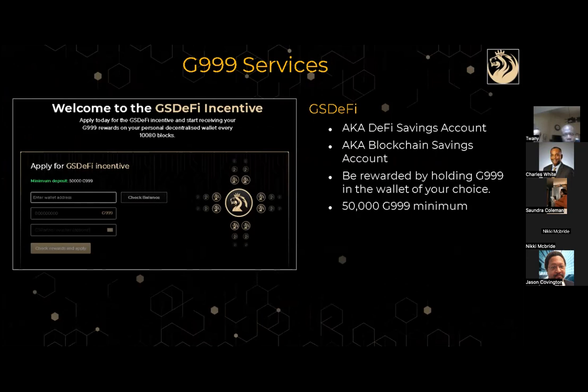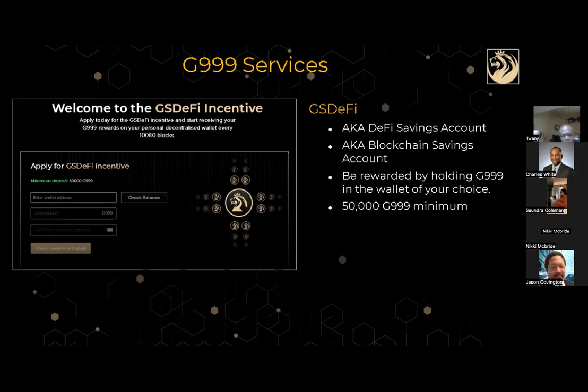What it does is allow you to be rewarded for holding G999 in your wallet of choice, whether it's a web wallet or one of the core wallets. Either way works just fine. But there is a 50,000 G999 minimum. That's how much you need to get started with this. There are a few other things. Get with the person who can help you with that, and it's a very easy setup.